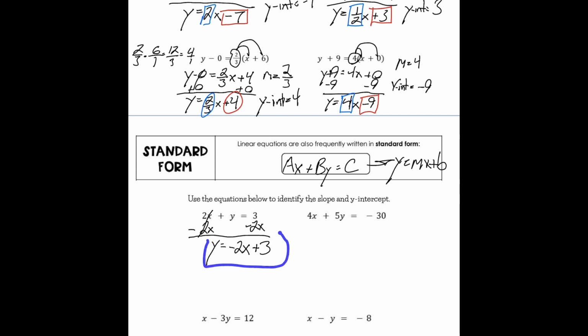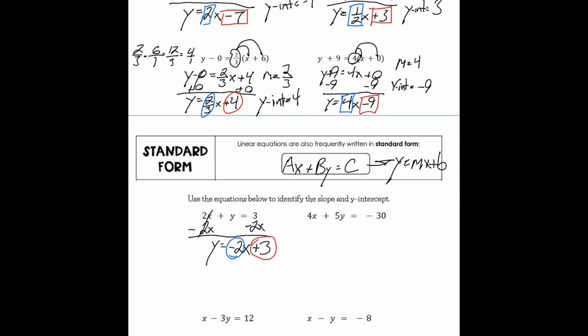This now looks like this, right? Y equals some number times x plus some number. So y equals negative 2x plus 3. That looks like that. I'm done. I can now identify what my slope is, and I can identify what my y-intercept is.